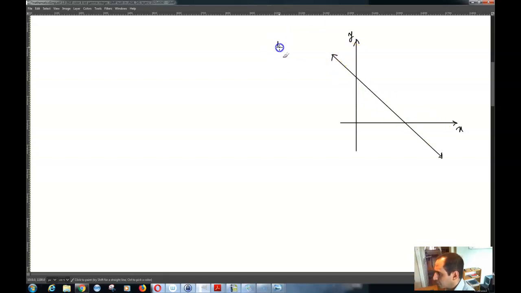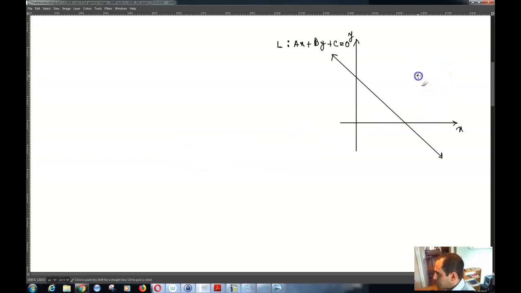If you call this, for example, L, and your line is ax plus by plus c is equal to 0, and there is a point over here, and when we say the distance of a point from a line, all the time, distance means perpendicular distance.